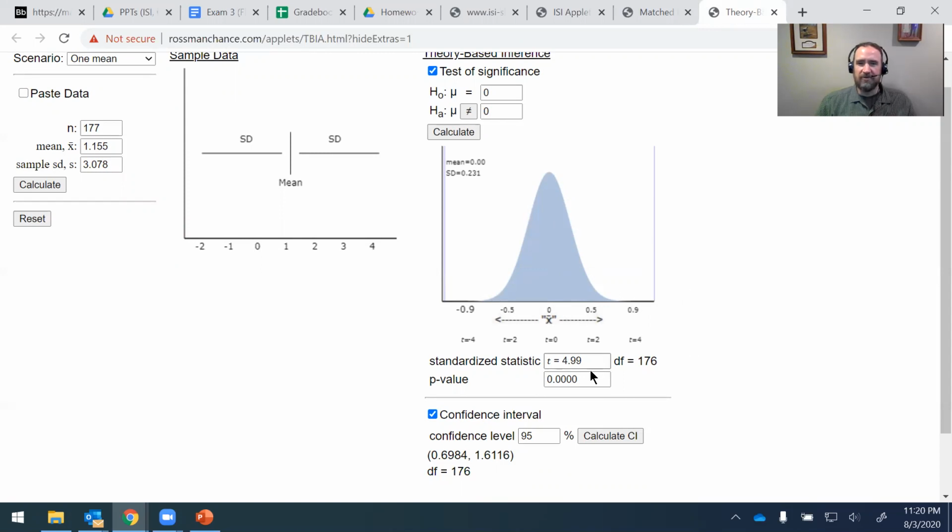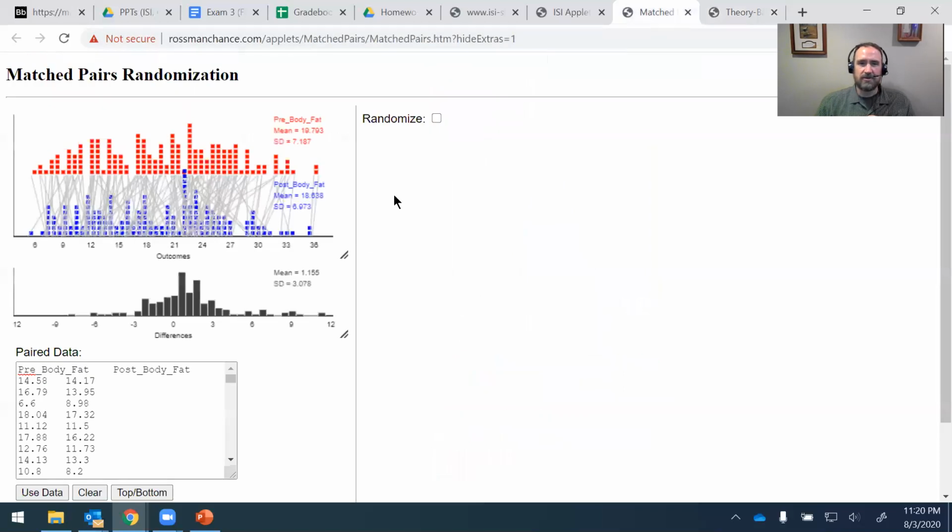So we have very, very strong evidence against the null hypothesis that the mean of differences is 0. We reject that. It looks like the mean of differences is higher than 0. We should ask ourselves what that's telling us, that we have a positive mean of differences. And what would that mean?